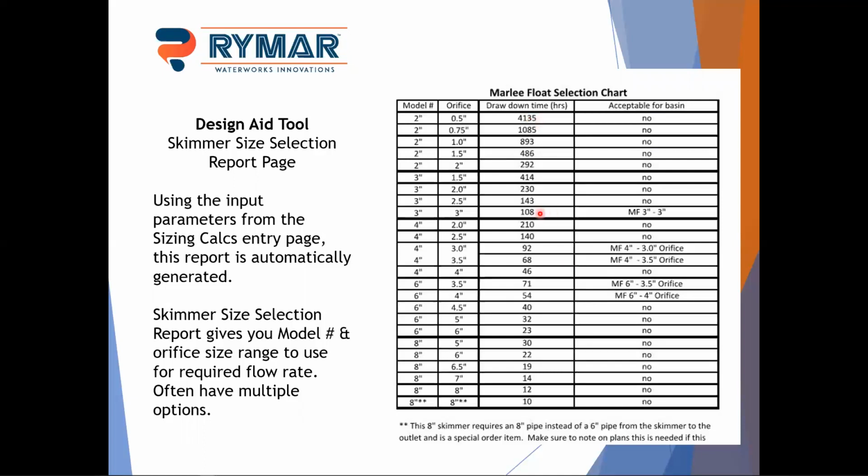Now the 3-inch skimmer is going to take a little over 4 days to drain, so you may not want to go with that. You may prefer something closer to the 2 or 3 day time frame. But you'll also see that if you chose the 4-inch skimmer and got out there and it was draining too fast or too slow, you could easily change an orifice to adjust it in the field with a really simple change, which we'll show you in a minute.